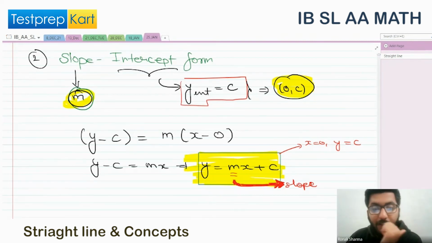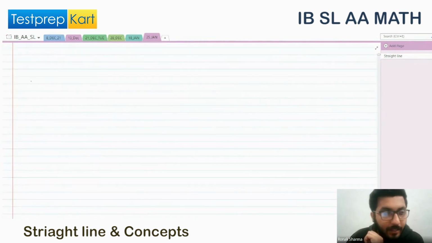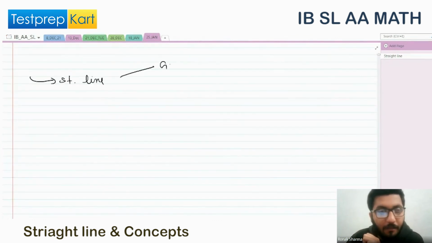So now we have seen everything regarding the straight line. We covered the graph part of it, how to draw it. Then we covered the slope and intercept concepts.